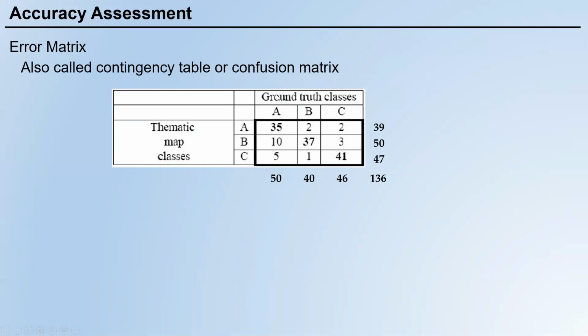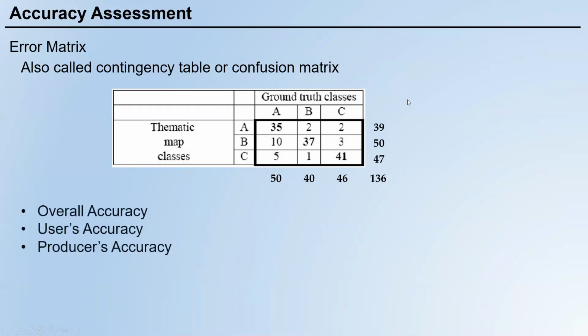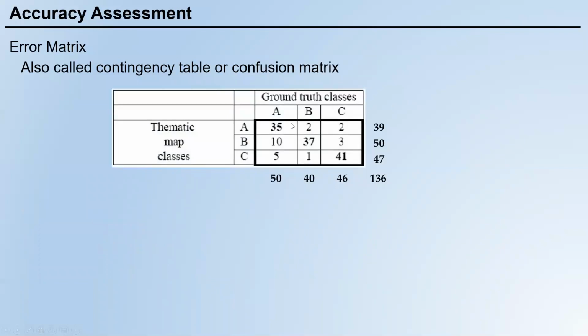So we have 3 columns, A, B, C, and 3 rows. All those columns, column A, column B, column C, are for ground truth classes. And the 3 rows are for thematic map classes, still the three classes A, B, C. What does it mean?